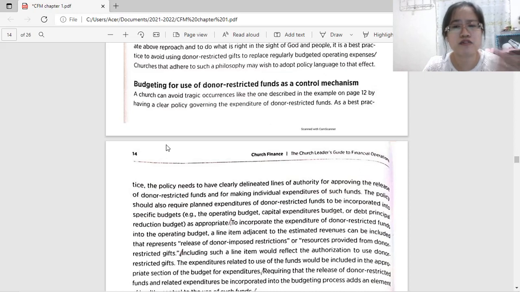Okay, and then of course your limit there would be the amount of donation. You can only apply it to certain projects, or use it to support a project which would need that much amount of money.